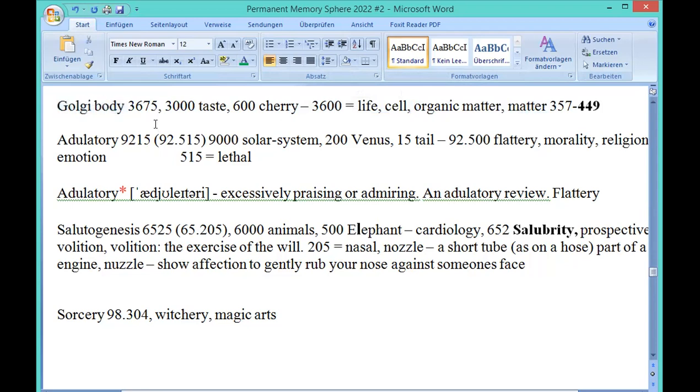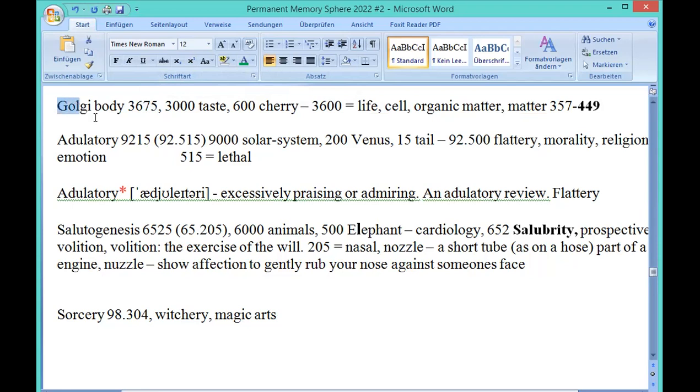Okay, so the 3 gives me the taste of the cherry. The 6 is the cherry, and the 75 here is coal, and coal is like gold, coal, Golgi.